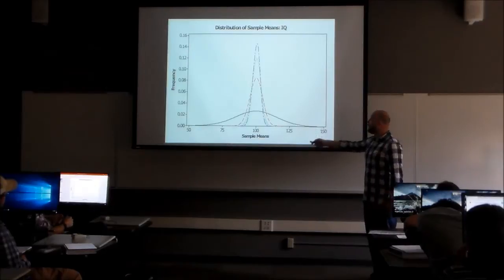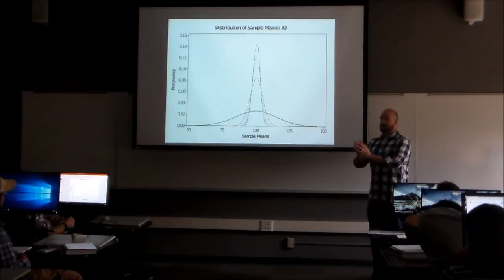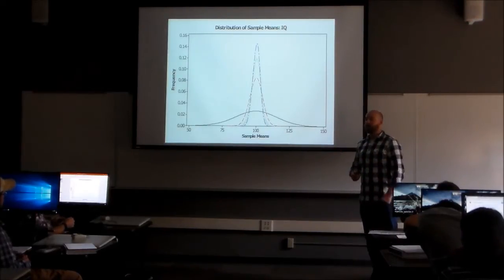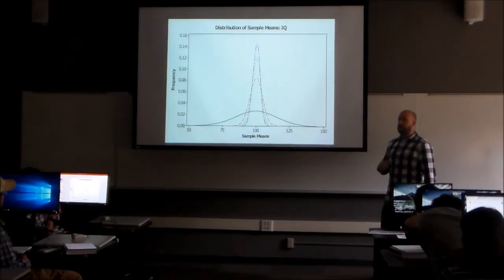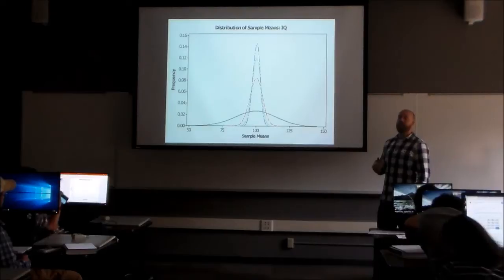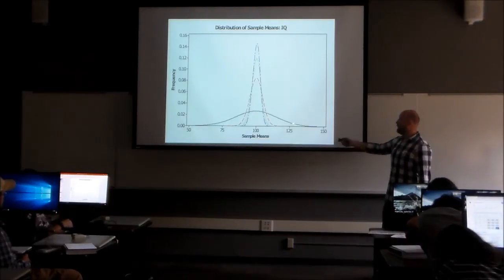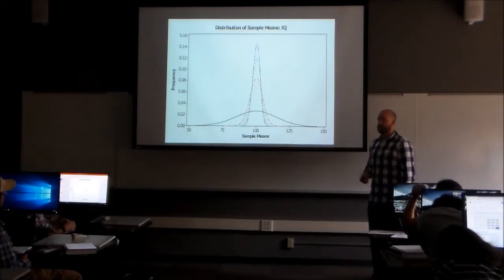This blue distribution here is very tight, not a lot of variability. We would assume that the sampling distribution associated with this blue curve has a much larger sample than the black distribution here.